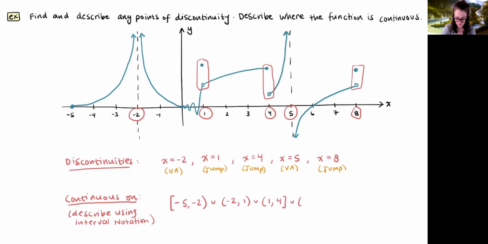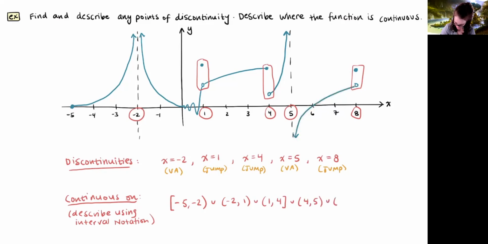But we're not going to include 4 on this side of the interval because there's a hole here. The limit from this side doesn't match the function value. So we'll say from 4 to 5. I know it looks weird, but it's a little more specific than just leaving out those brackets there. Okay, then we have from 5 to 8.